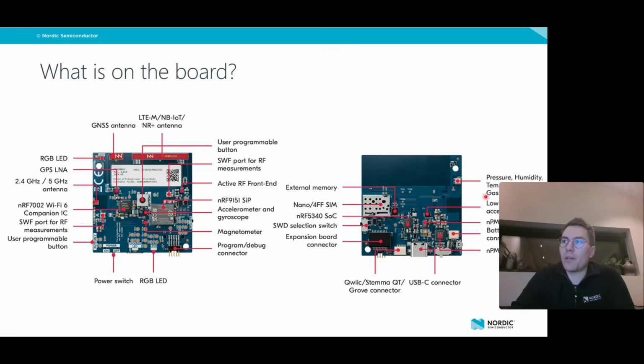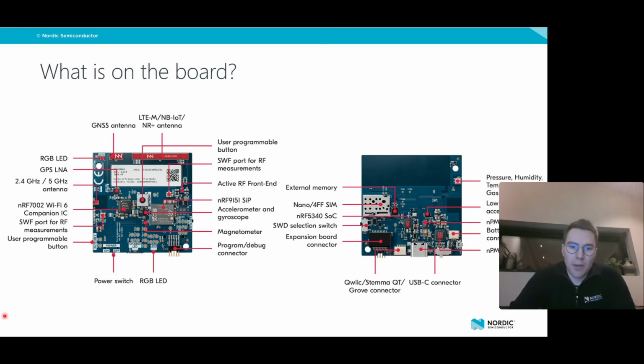We also have a low power accelerometer, so you can know the orientation of the device if it's upside down or whatever. And we also have a SIM socket here for regular plastic SIMs. And on the top side, we have the opportunity to solder on an eSIM that you can also use. And LEDs and programmable buttons as well.